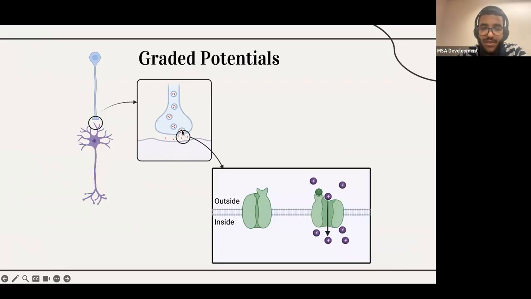So those neurotransmitters, called ligands, bind to the dendrite at the synapse, and it opens what we call a ligand-gated cation channel. So what does ligand-gated cation channel mean? It's a channel that has a gate, and this gate opens once a ligand binds to it. And where does this ligand come from?